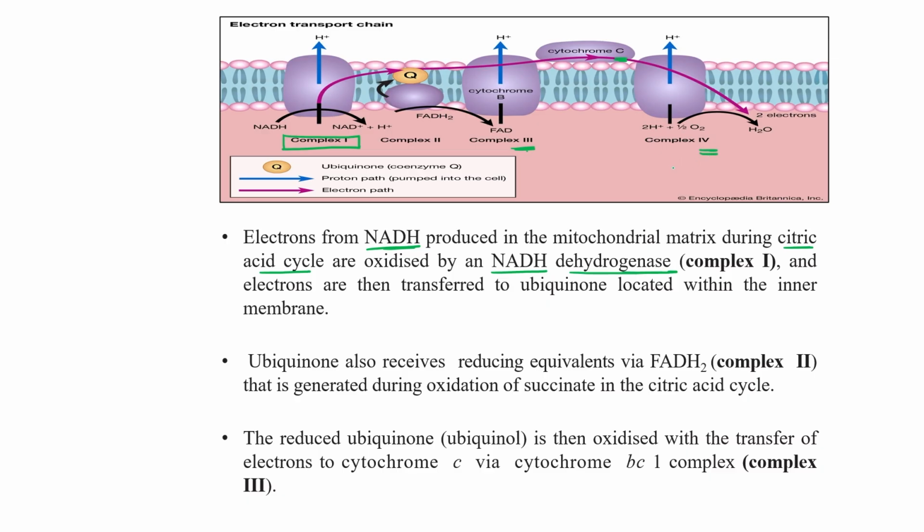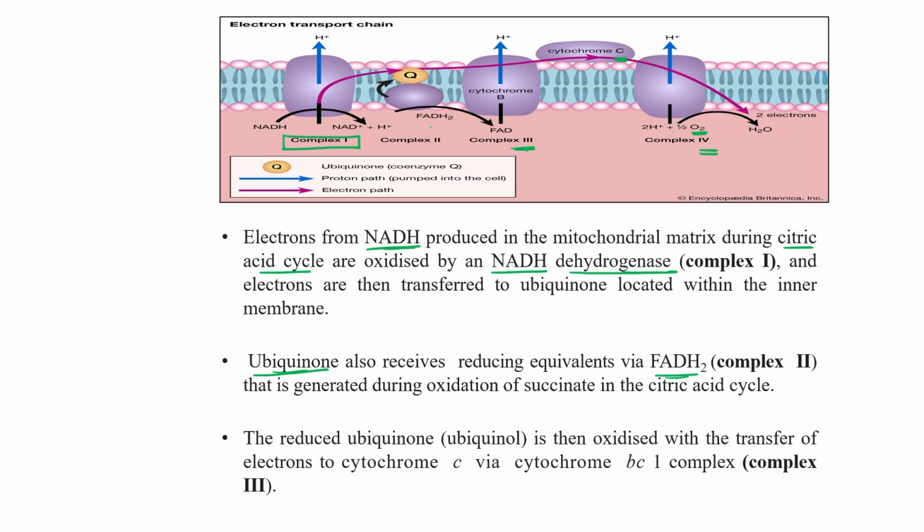These carrier molecules act as mediators which help transfer electrons from one molecule to another and then towards the final acceptor, oxygen. Clear? Ubiquinone, Q, also receives reducing equivalents via FADH2.